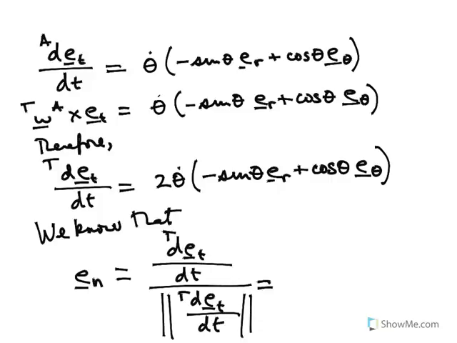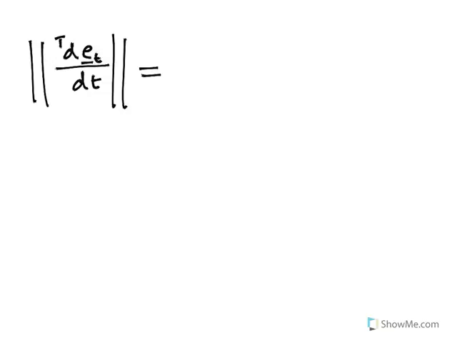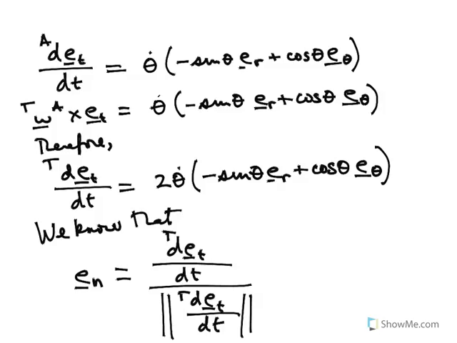So what's that equal to? Well, let's compute the magnitude first. The magnitude of the rate of change of the tangent vector as viewed by an observer fixed to the track: I've got 2 theta dot out front, and I've assumed theta dot is positive, and then it's the magnitude of the vector in parentheses.